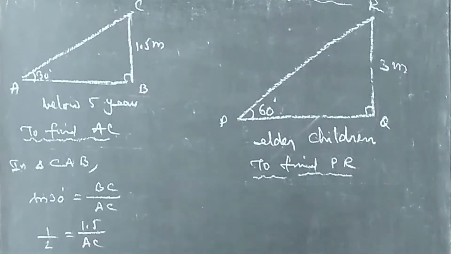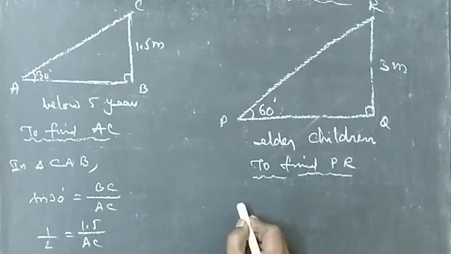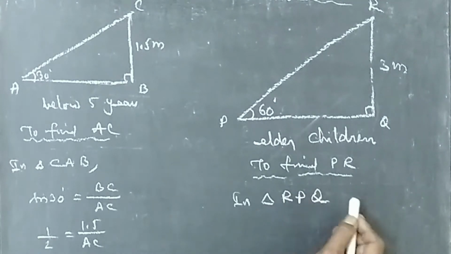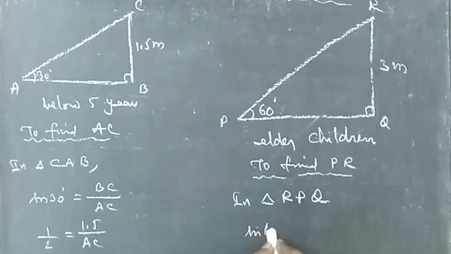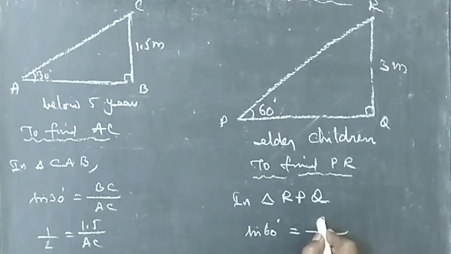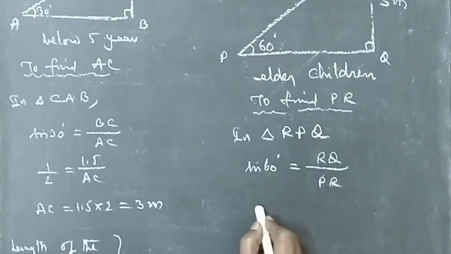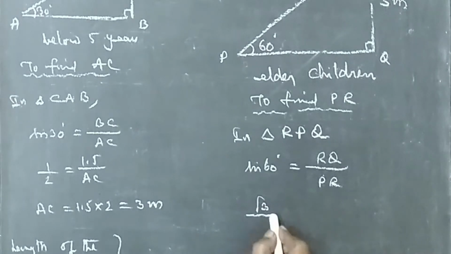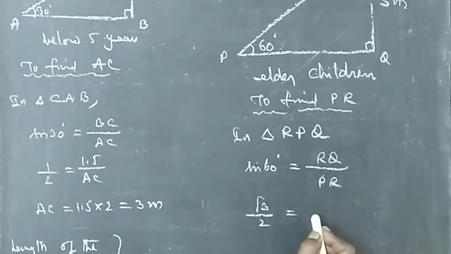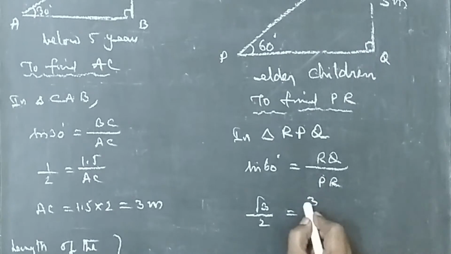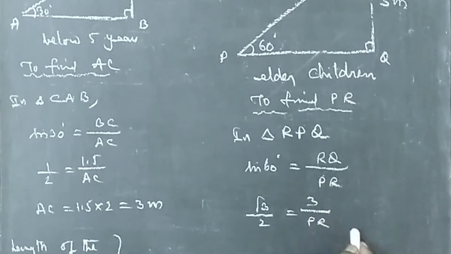Case 1 is finished. Now see case 2. In this also the same. Here, in triangle RPQ, sin 60 is equal to RQ by PR. Sin 60 is nothing but root 3 by 2, equal to 3 by PR.